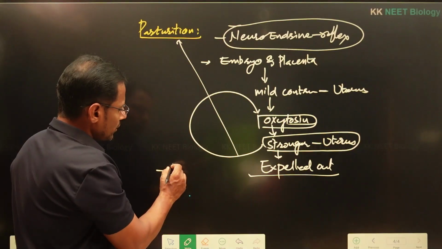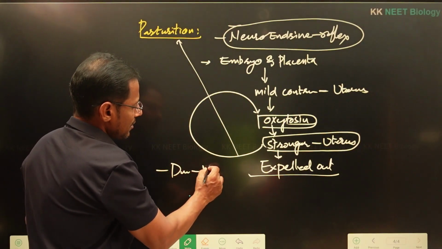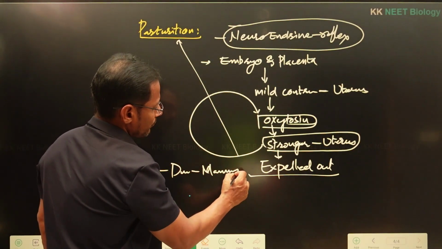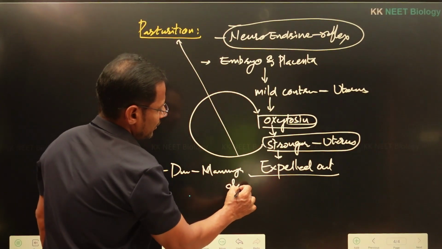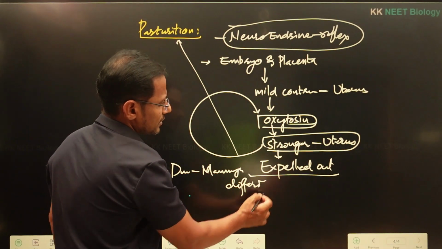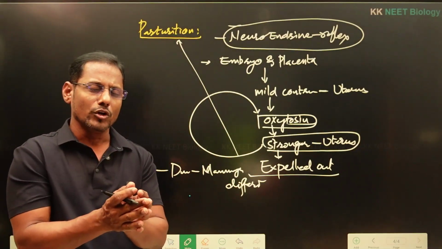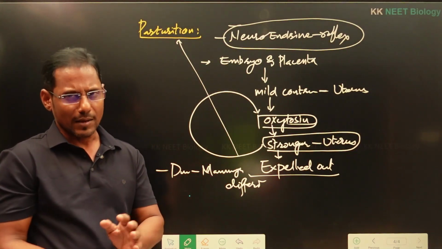Now here, during the pregnancy, the mammary glands are differentiated, in the sense that they become more and more in number, right?